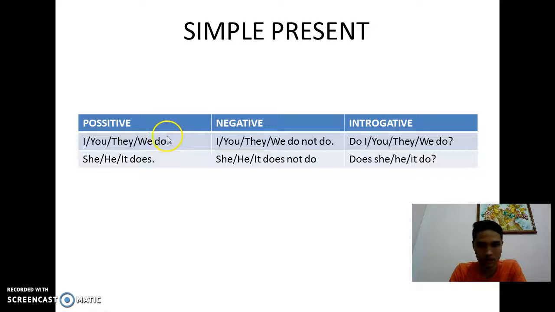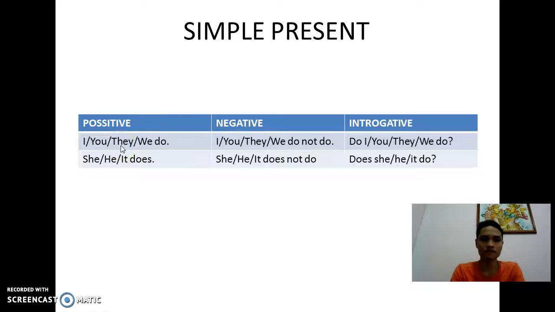So the first example, the verb is without s or es, so it is only verb 1. And the second example, the verb uses s or es, so verb 1 and at the end of the verb use s or es.